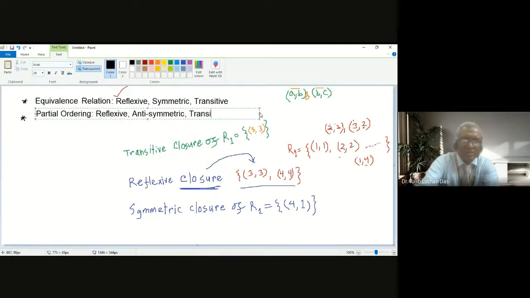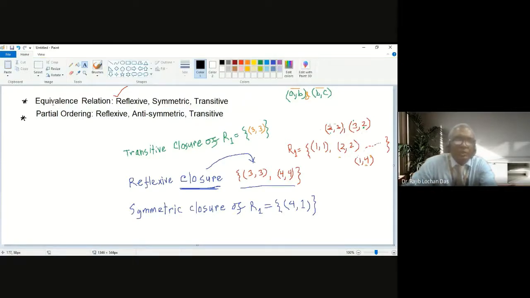So this is another type. And the closure concept is all the same for everything. Other types of relation can be there which have no name, not equivalence, not partial ordering, just a normal kind of relation.